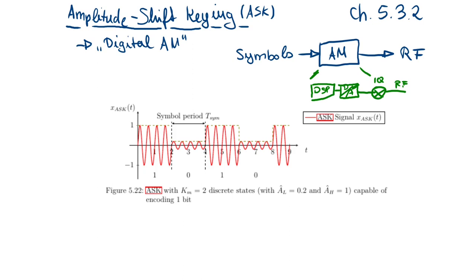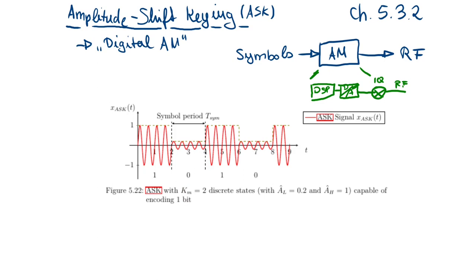So the input to the ASK modulator is a symbol stream. Here there's a set of two symbols, which is also given by this parameter km.